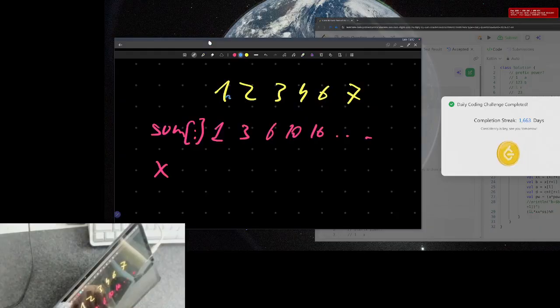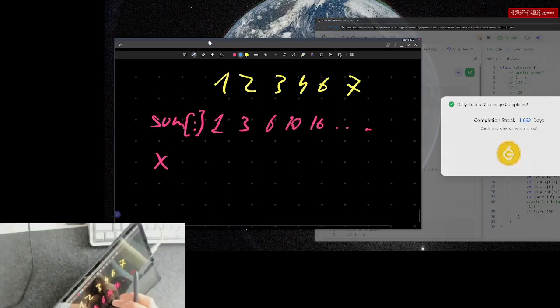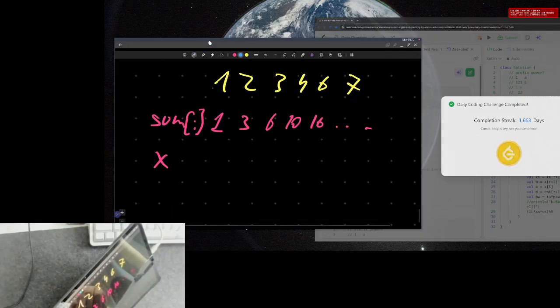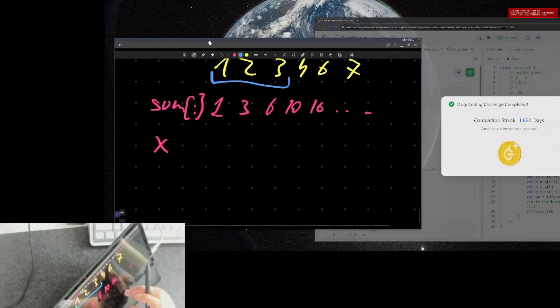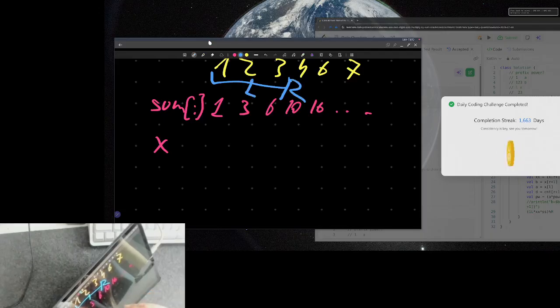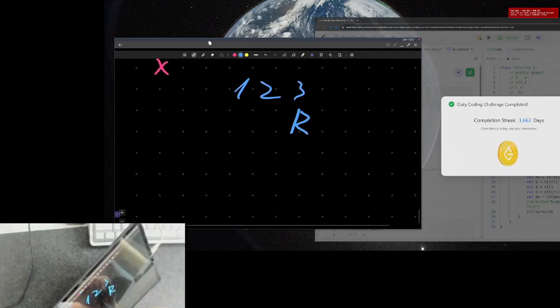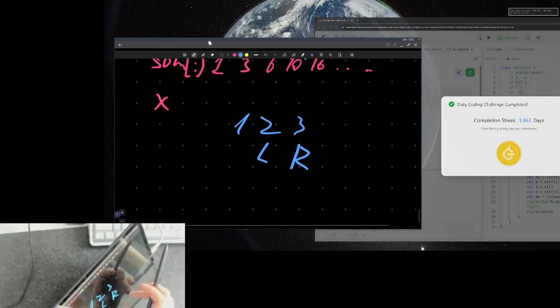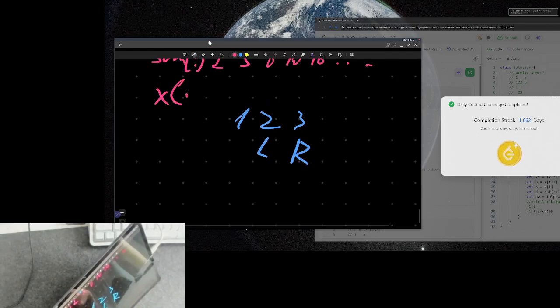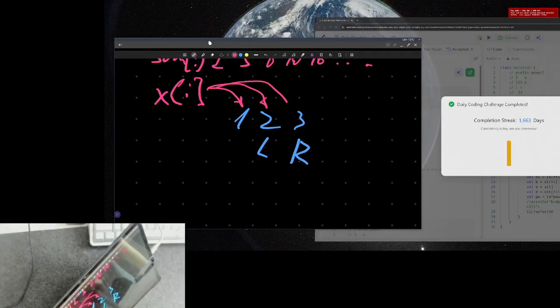This is not very simple because imagine we have this substring with a right border r, and left would be this one. So we have this string, r is 3 and left is 2, and we store in x prefixes, the result for each ending position.